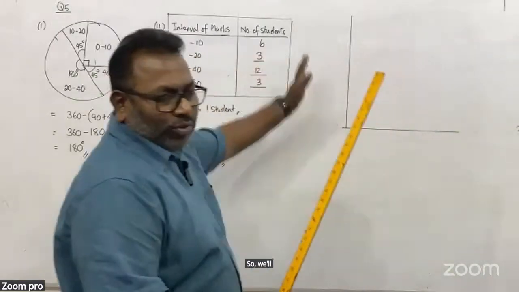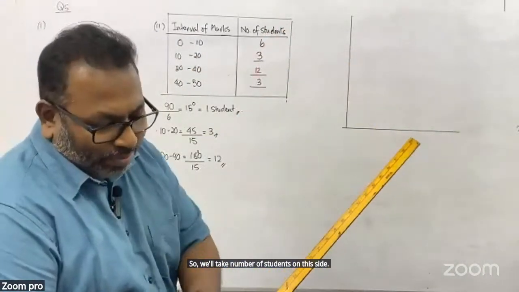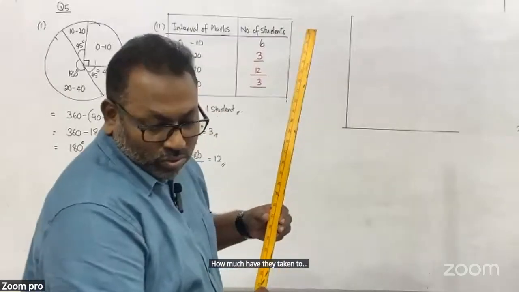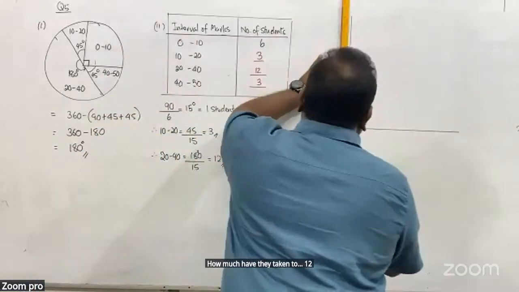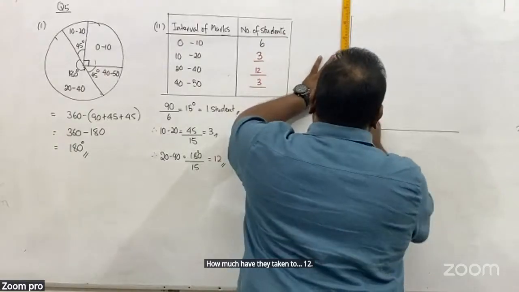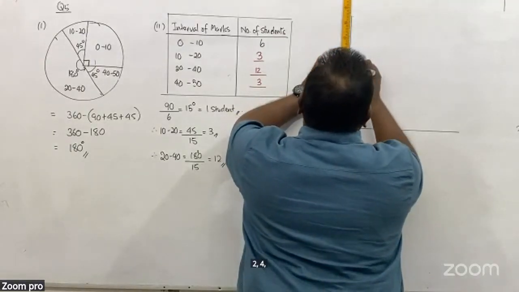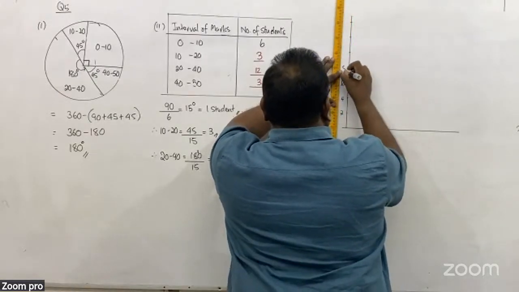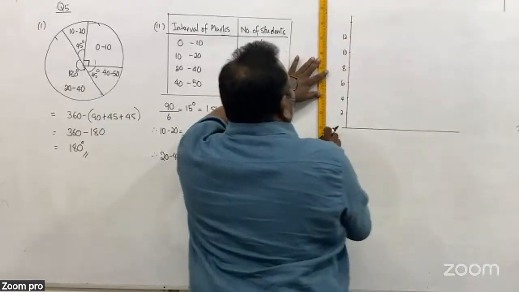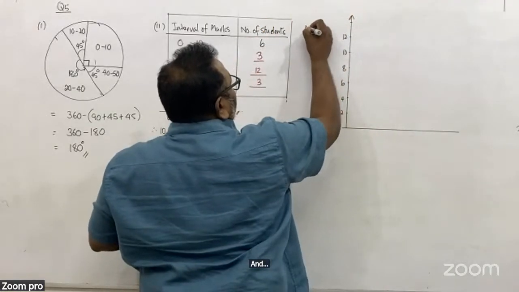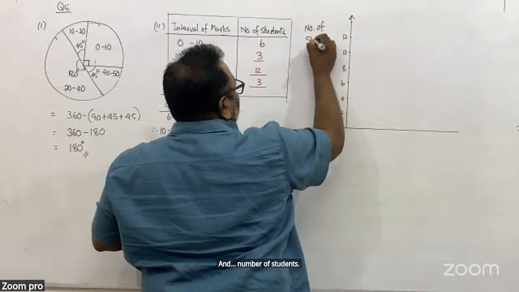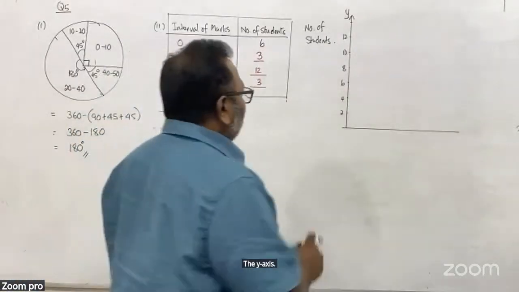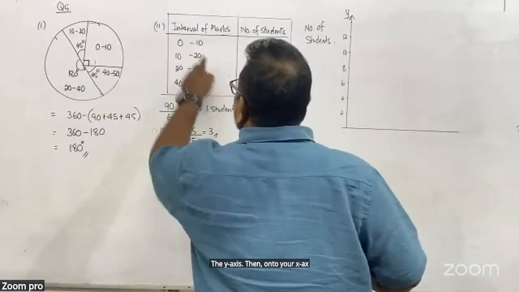We'll take number of students on this side, from 0 to 12: 2, 4, 6, 8, 10, 12. This is the y-axis, number of students.